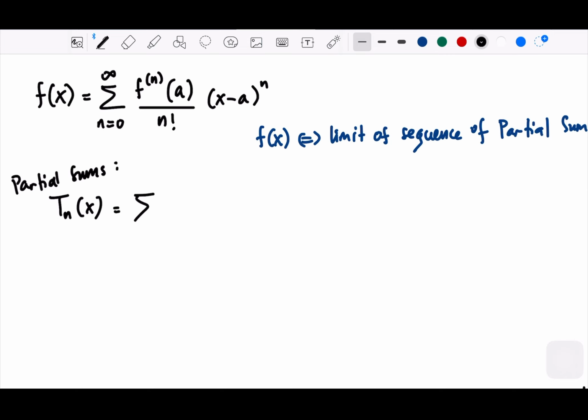So the partial sum is equal to, let's take i equals 0 until n, because we want to limit the number until some n. So f derivative, and change n into i, which means it will not be an abstract value.